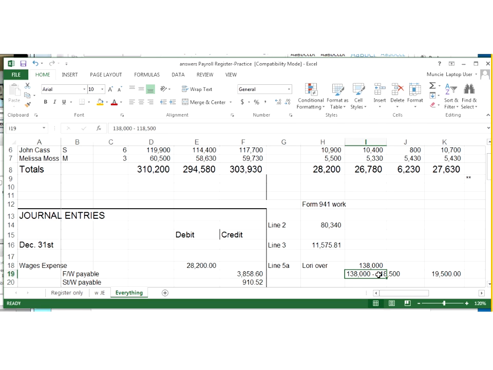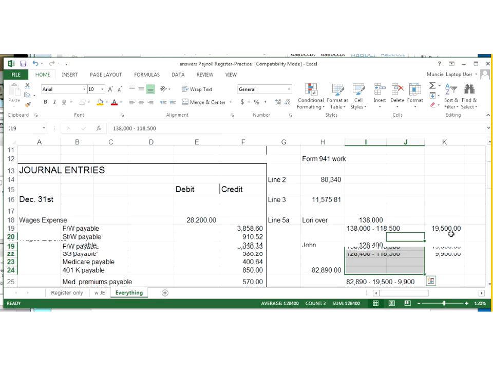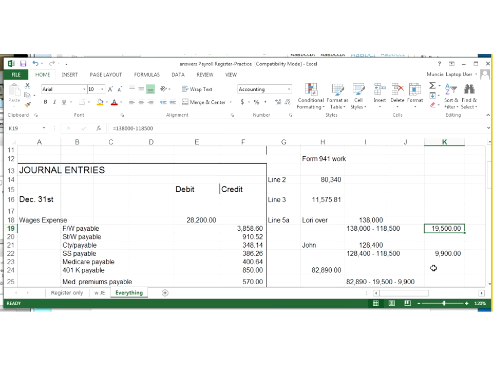But for Social Security-wise, she went over because the $118,500 is the limit. And how much is she over? She's over by $19,500. John, do the same thing. Add in his FICA wages plus his Medicare, and this is what he made without any caps. When you subtract out how much he's over with the Social Security cap, he's over by $9,900.